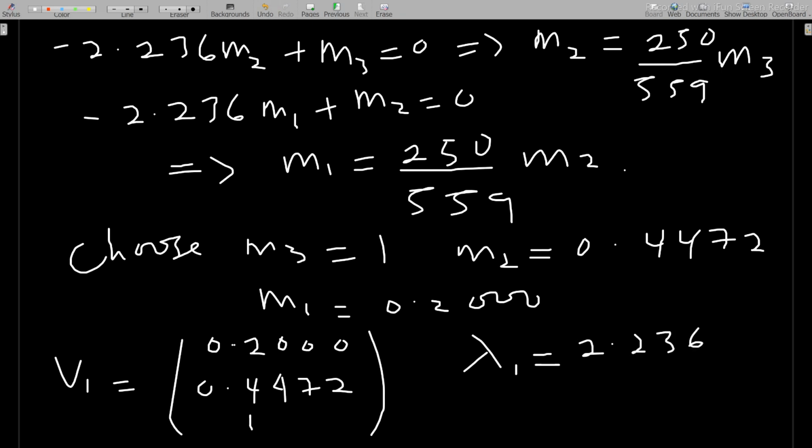With this, you can go ahead and solve for the remaining lambda and the rest.